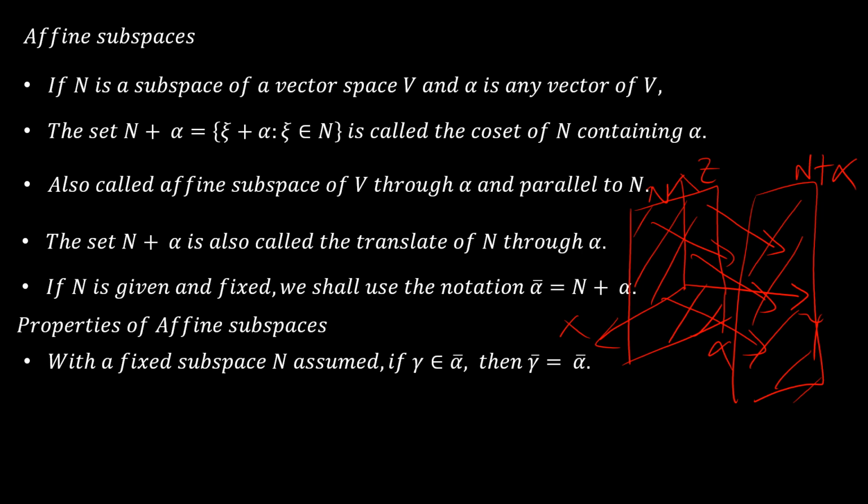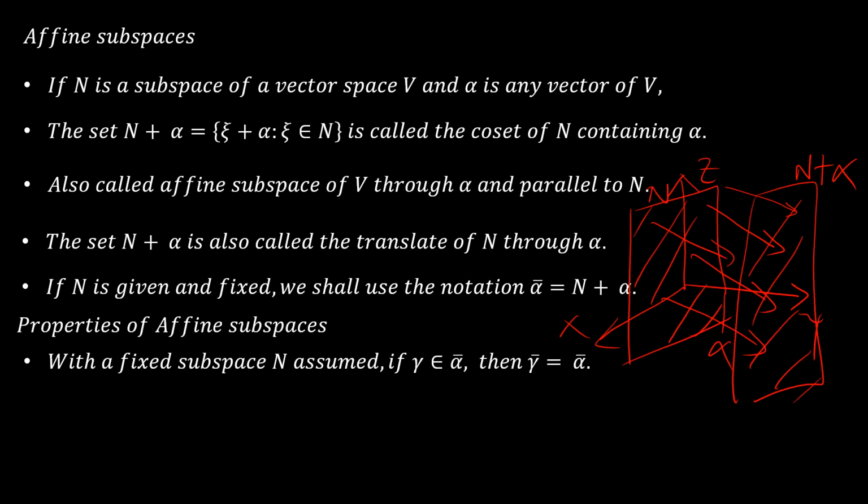The first is, with a fixed subspace N, if we assume that gamma is any point on the new subspace N plus alpha, then the translate of N through gamma is the same, since the vector created by the points from the previous location, when you add it to the previous set of points in N, you come back to the same N plus alpha.